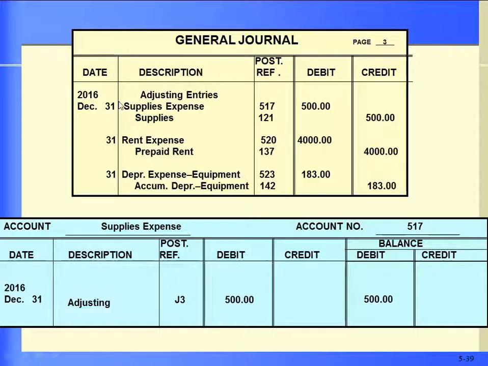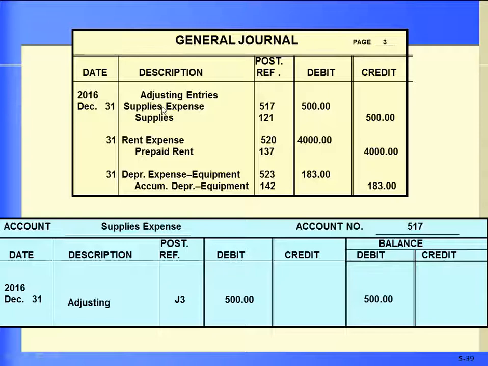So journal entries are no different other than adjusting entries. Some companies make a whole new page. I probably recommend that in your general journal, called adjusting entries, and put all your adjusting entries. Debits will equal credits. Supplies expense, that's an income statement account and a balance sheet account.